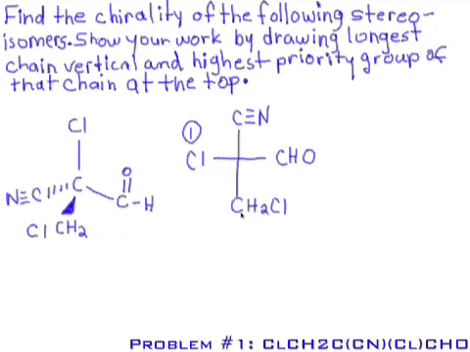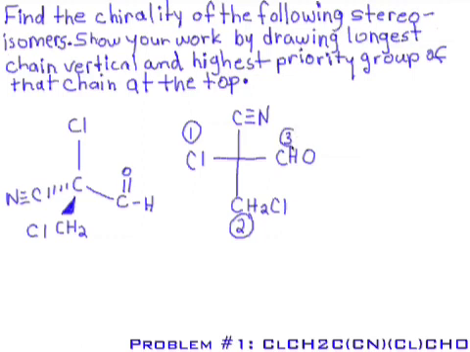And you go out to the highest atomic number. This carbon's highest group off of it is a chlorine. This carbon has an oxygen, this carbon has a nitrogen. Carbon with the chlorine is higher atomic number than oxygen and nitrogen, so he's 2. Carbon with oxygen is higher atomic number than carbon with nitrogen, so he's 3.